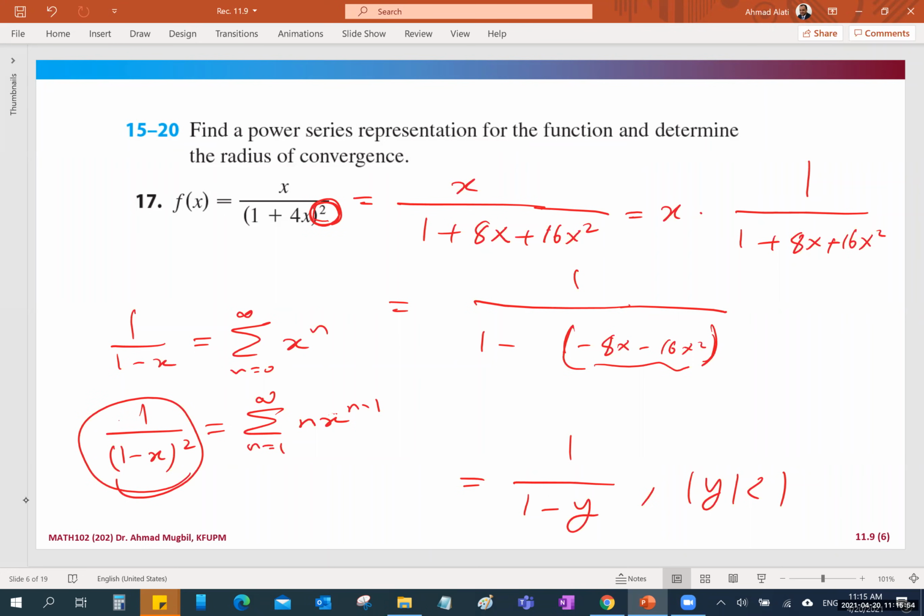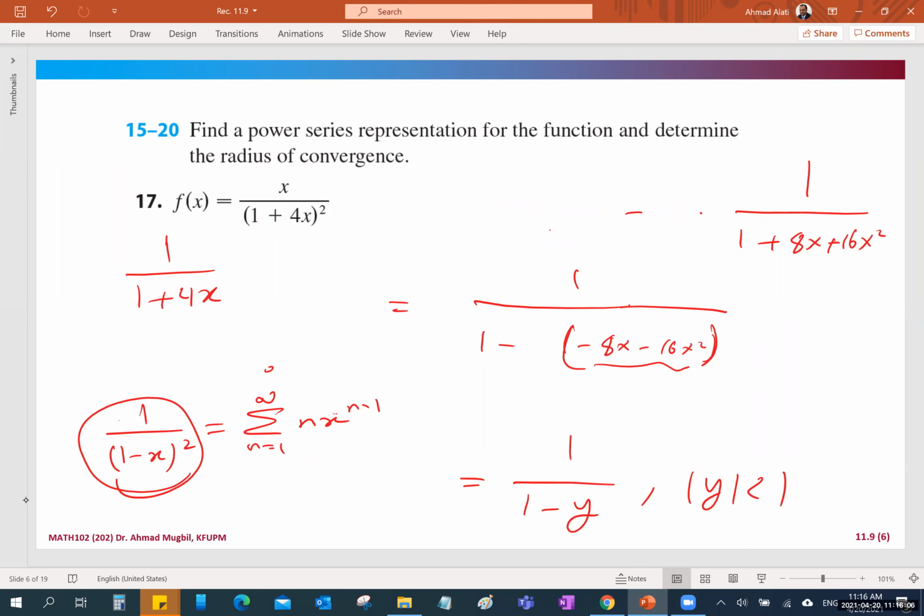Yes. So what you should do here, you should start from 1 over 1 plus 4x. If I were you, I would say this is x over 1 plus 4x, and I will start from here. I know what this equals. What is this equal to, Muhammad? This equals sigma, starting from 0 to infinity, of what?